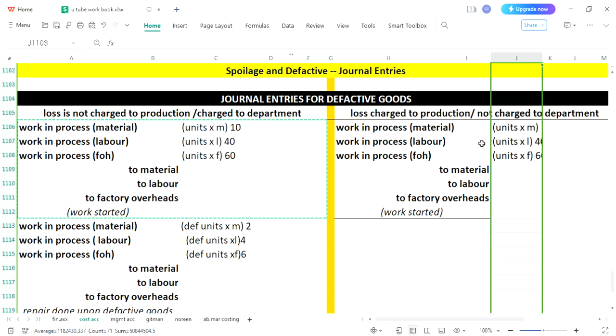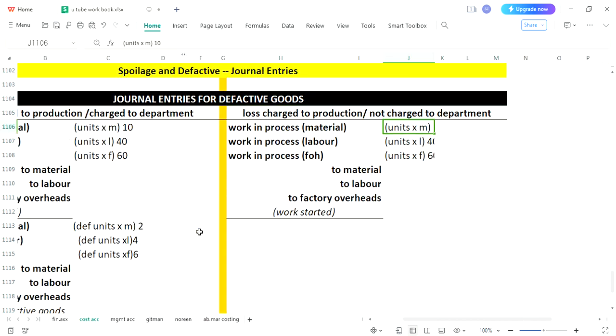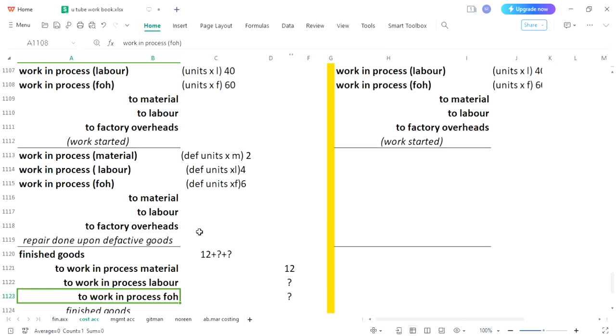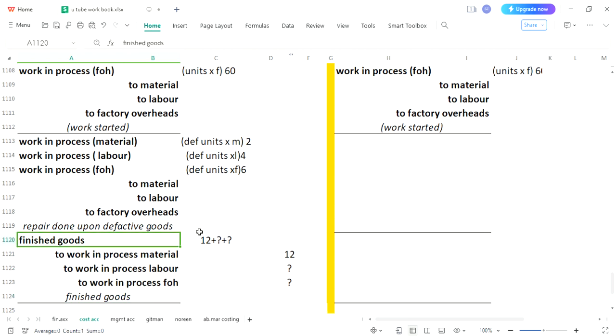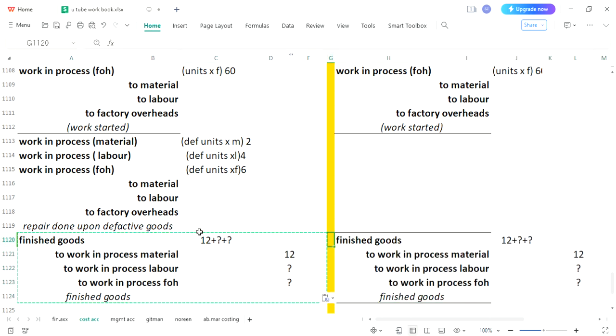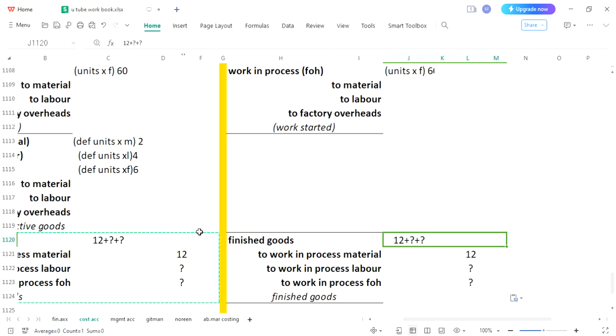And the second entry, yes, there will be a change, but I would like to tell you about the third entry. Your third entry would also be similar, except for the amounts which you will put. Amounts will not be like this, there will be a difference.